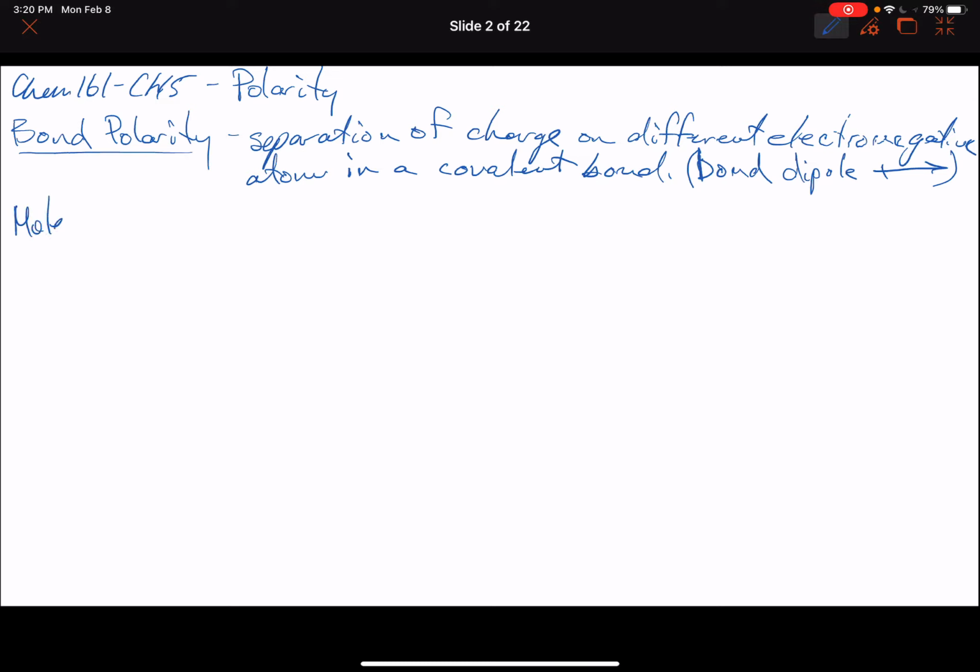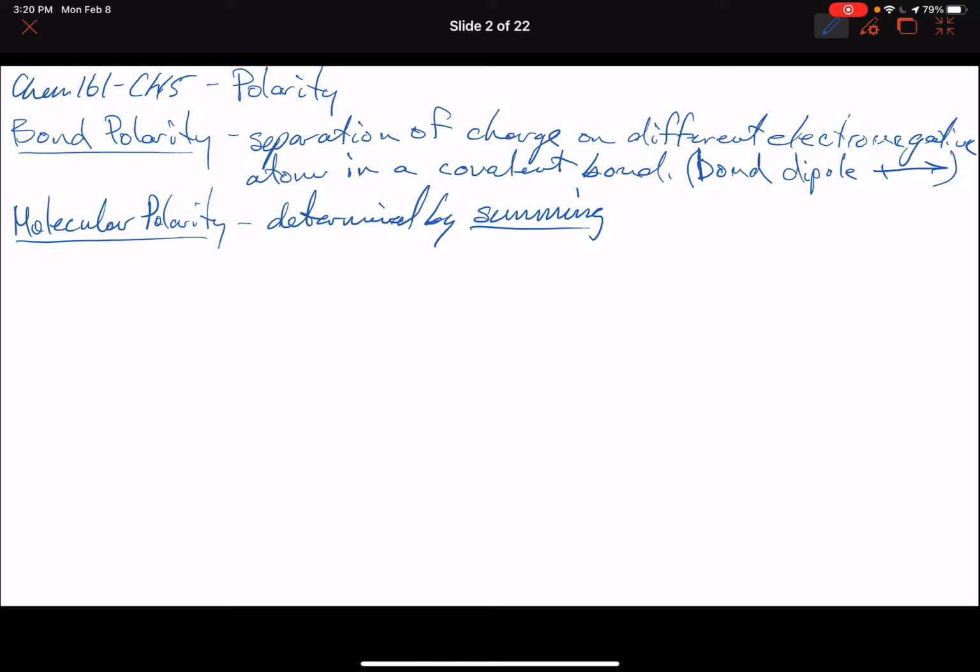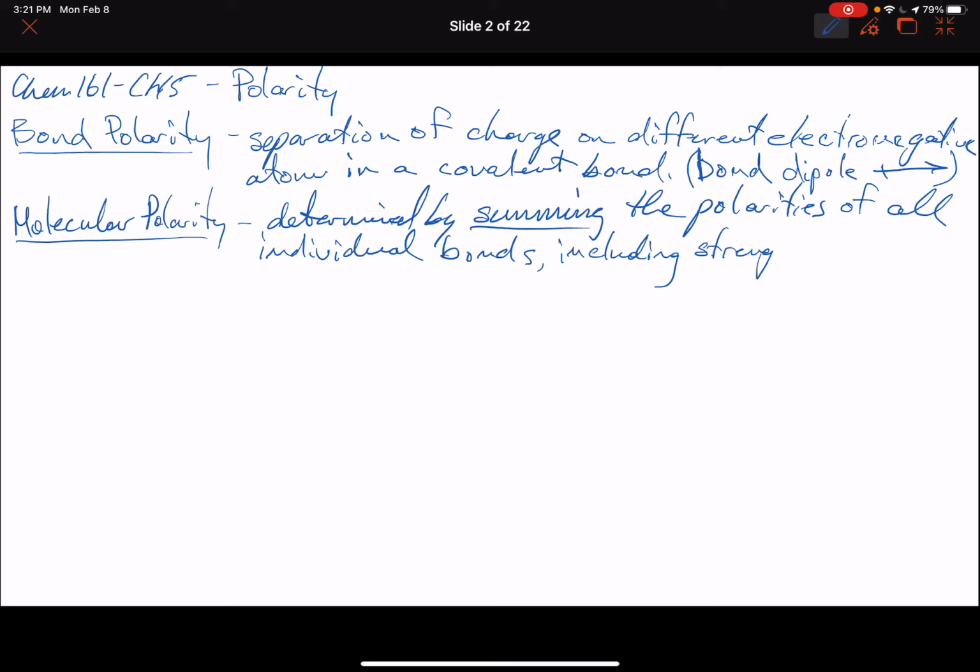Okay, so molecular polarity is determined by summing, is the key thought here, summing the polarities of all individual bonds, including strength and direction of dipoles, of bond dipoles. Okay, so let's take a look at an example to help us here.